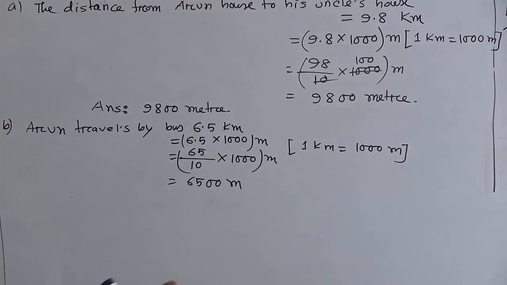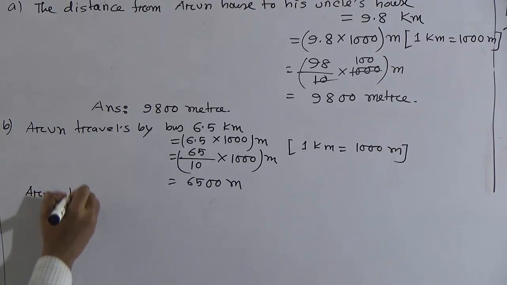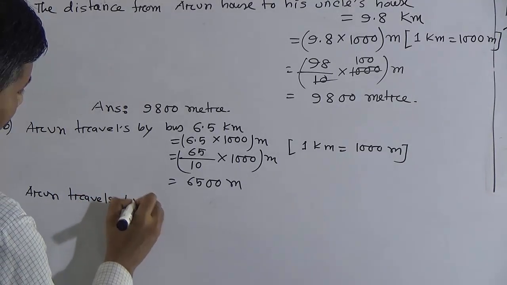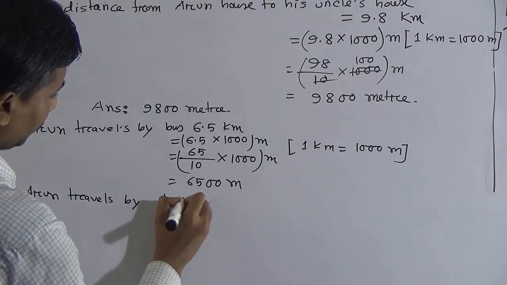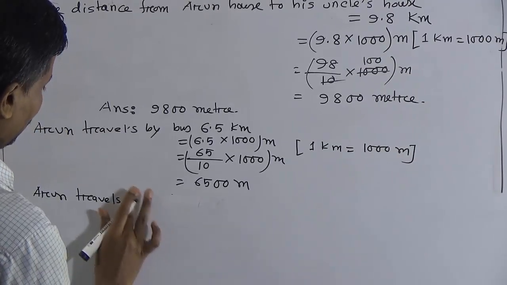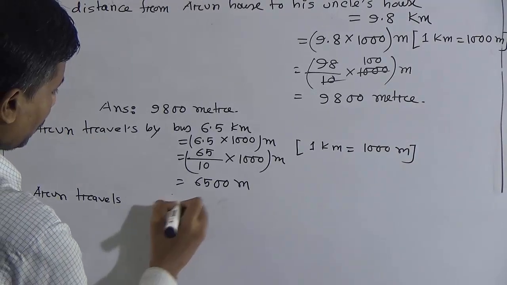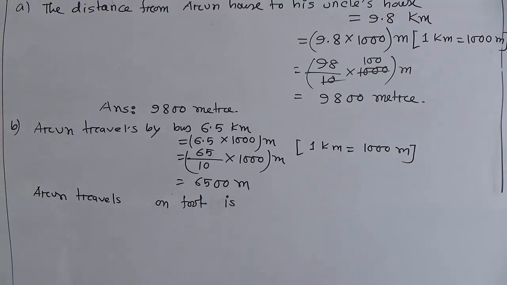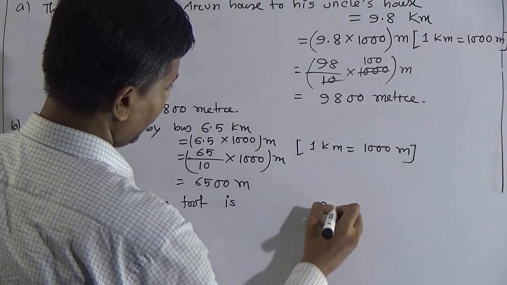Our question is how many distance does Arun travel on foot and by bus? Right? Arun travels on foot at first, 950 meters.